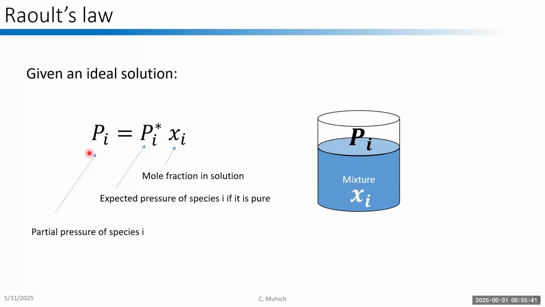Often these expected partial pressures of the pure species, this p_i star, are either tabulated or, as we'll see in a few seconds, there'll be equations to deal with that. And so then if I have mixtures, Raoult's law will give me a way to take that information about the pure species and apply it to mixtures.